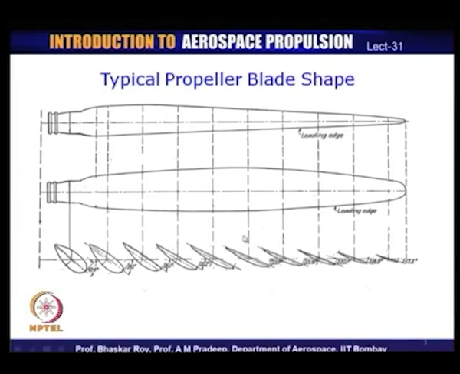So, this is how these aerofoils are selected and set at these places, and together they are blended into one propeller blade shape, which then creates thrust in a more efficient manner.